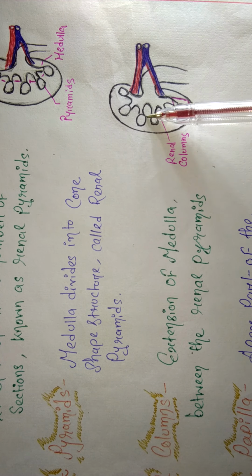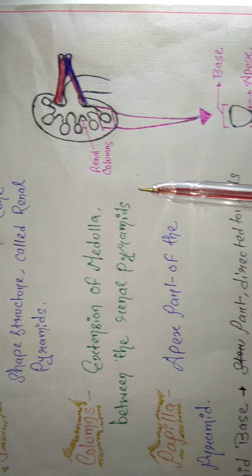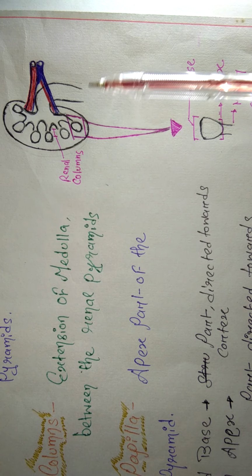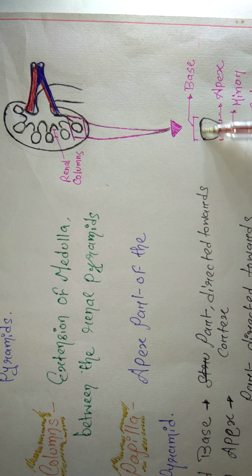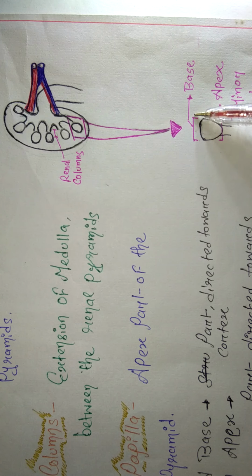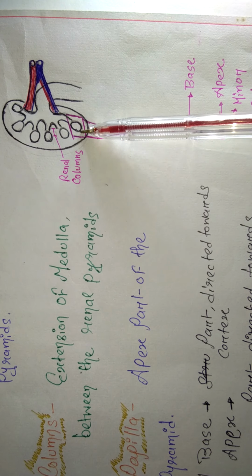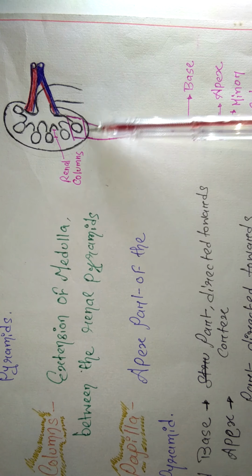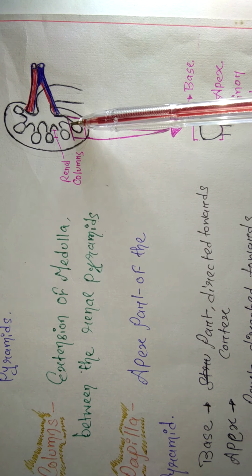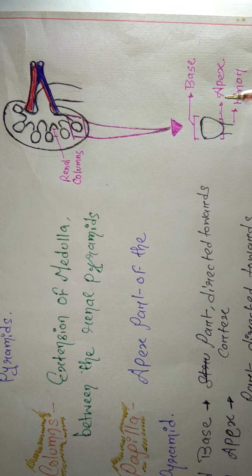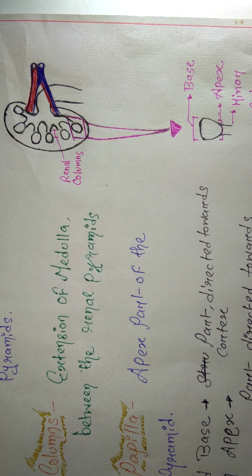Between two renal pyramids we have a structure called a renal column, which is also part of the medulla. The part of the renal pyramid directed towards the cortex is called the base, and the inner part directed towards the minor calyces is called the apex, and this portion is called the renal papilla.